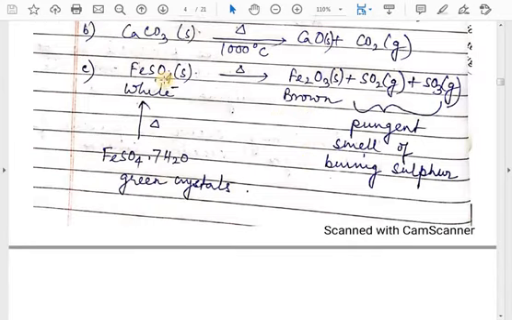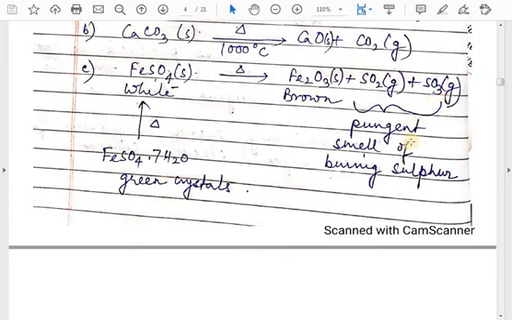Now ferrous sulfate, originally called ferrous sulfate heptahydrate, or FeSO4 7H2O, is a green color crystal. On heating, this gives white color FeSO4, and this FeSO4 on heating gives brown color solid Fe2O3, sulfur dioxide and sulfur trioxide.